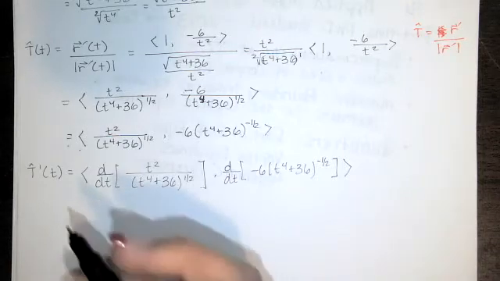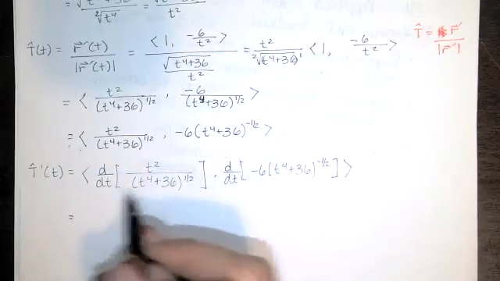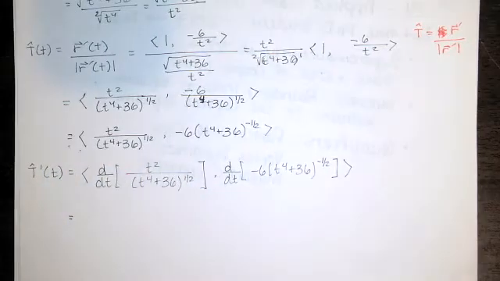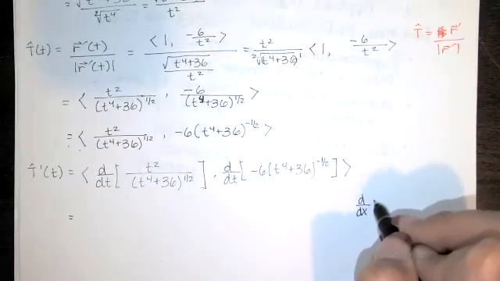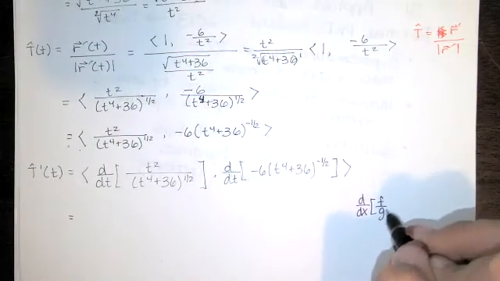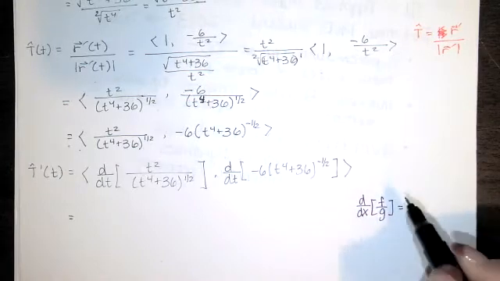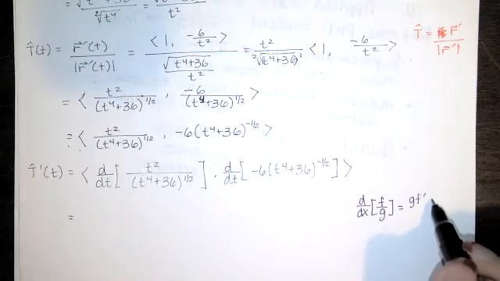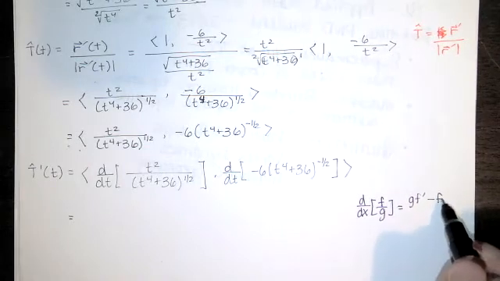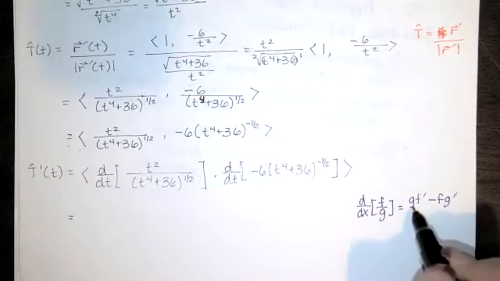Now for this x component, since I've got a quotient, I will use the quotient rule. Now remember from calculus 1, the derivative of a quotient is low d high minus high d low over low low.